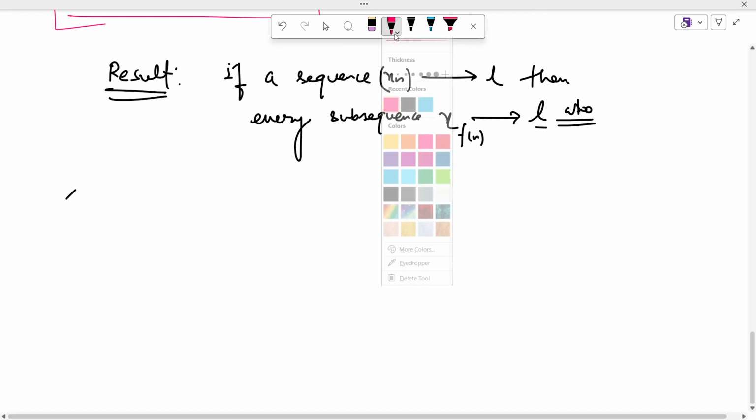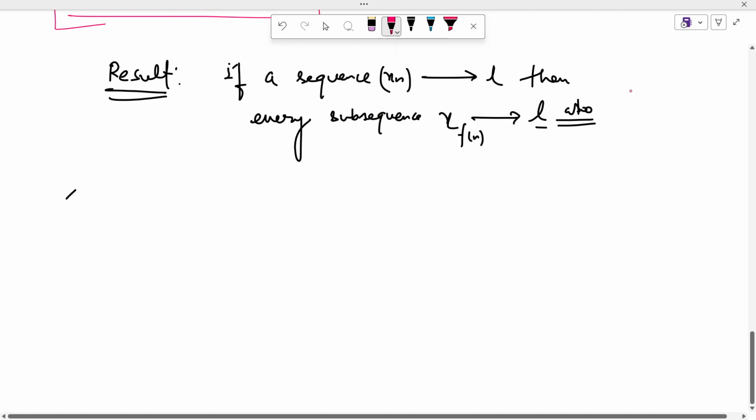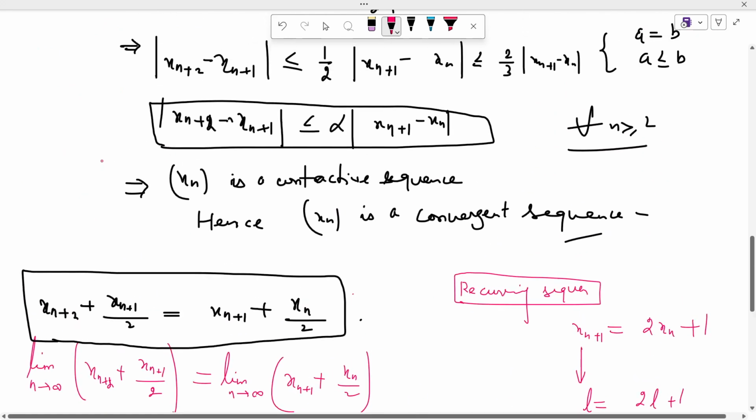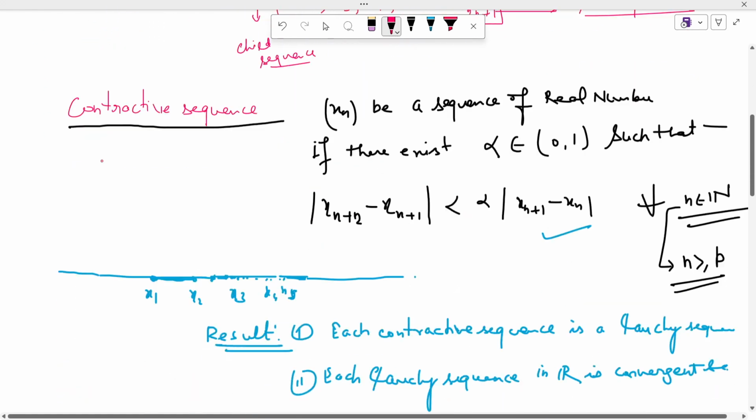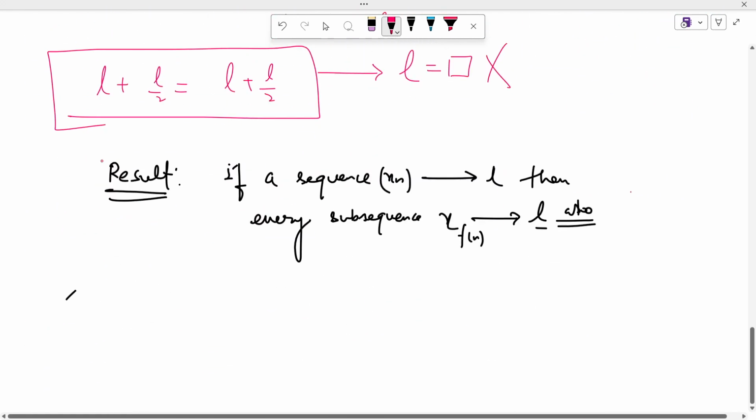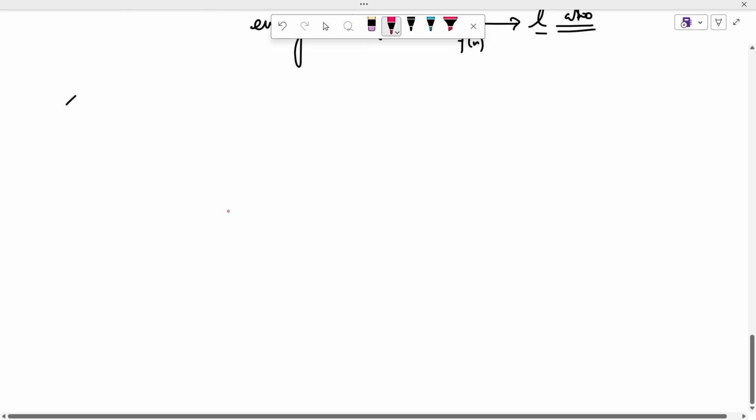So as we have discussed, what are the first terms? Let us check here. What is the first term? Let us see the nature of the sequence.